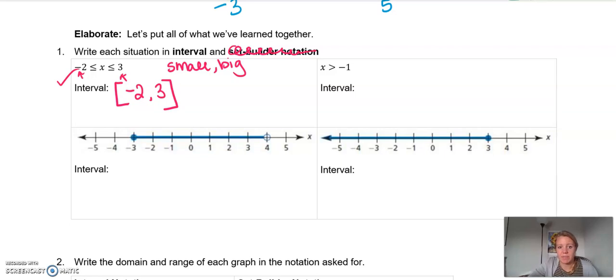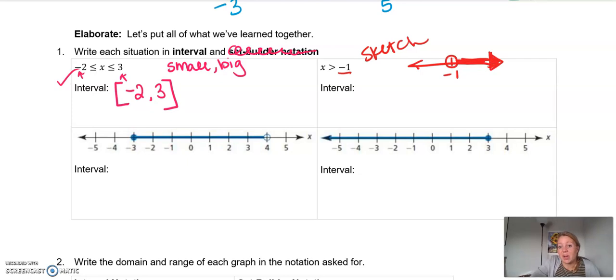Now let's look at the next one. Here I have x is bigger than -1. Well, I already have one number, but I don't have two. So Miss Hindi, what do? Sketch it in your head. Let's do a quick sketch. Here I have -1, and it's saying that x is greater, so it's not included, than -1. So we're talking about from -1 all the way forever on the right.